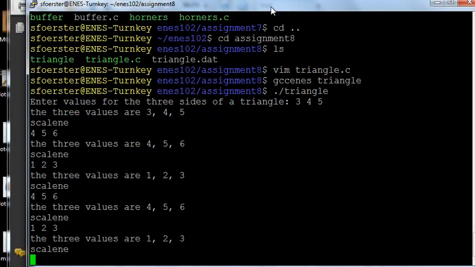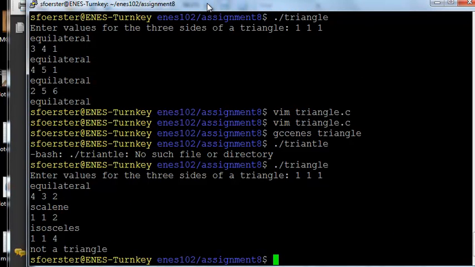Okay, it goes on forever. Control D is at the end. It looks like what I need to do is modify it so it doesn't write the 3 values back to the screen where it says the 3 values are 3, 4, 5. I'm going to eliminate that.